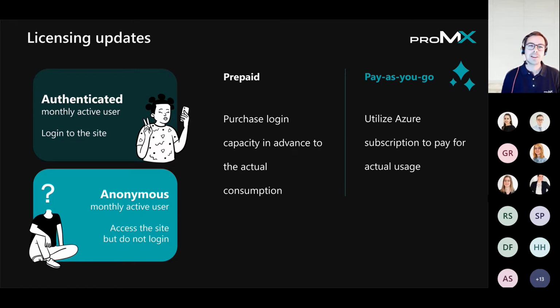And now we finally have pay-as-you-go. So you can now utilize your Azure subscription to pay for the actual usage. Of course, it's up to you to calculate which is the better option. But at the end of the day, you now have the flexibility to say, I don't want to buy capacity in advance. I'm simply going to be invoiced on the actual usage that has happened over the month.